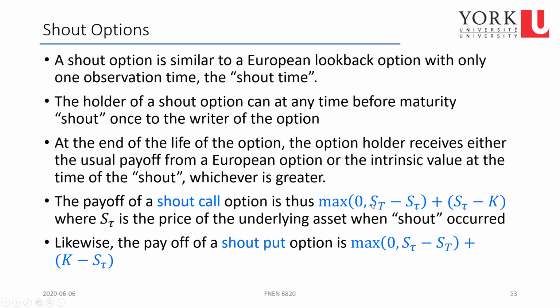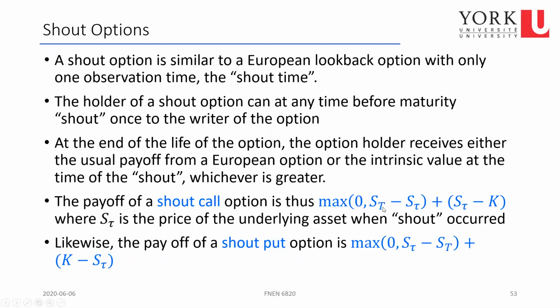The reason is, at maturity, if the payoff of the regular option is 0, meaning S_T is less than S_tau, then we basically have whatever we locked in here.